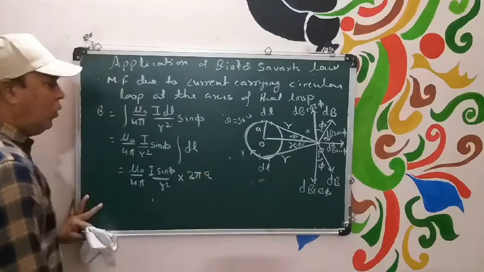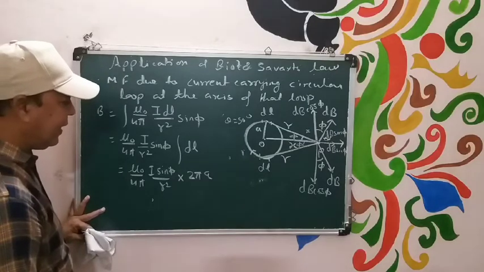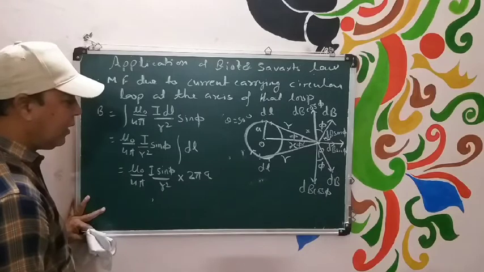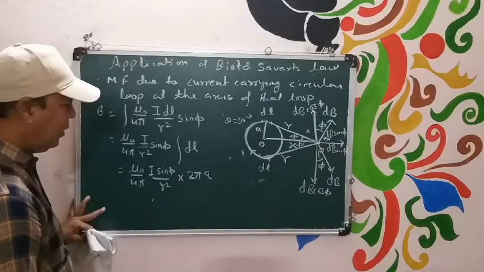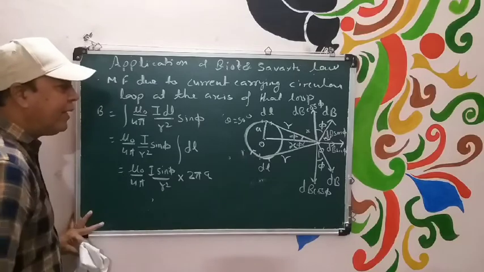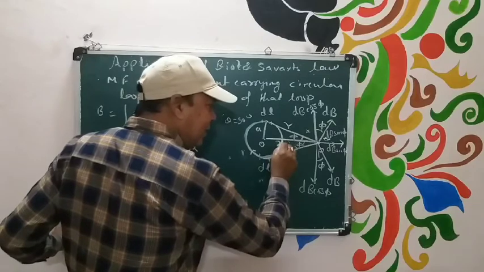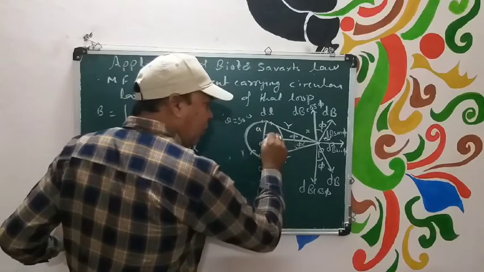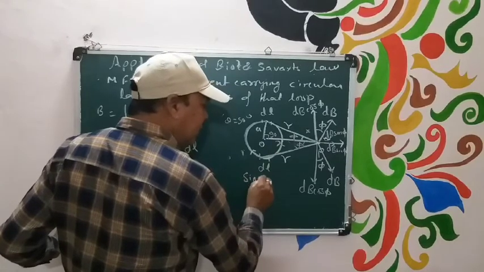This is your total circumference, mu naught upon 4 pi I sin phi by r square into 2 pi a. Is that clear? So sin phi, this value is x, this is a. Obviously this angle is 90 degrees. So sin phi should be equal to how much?